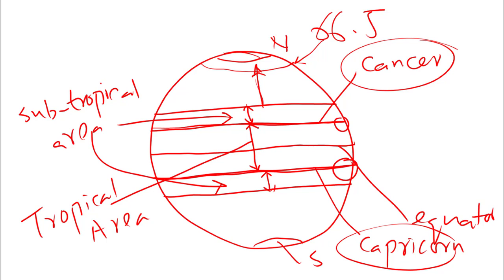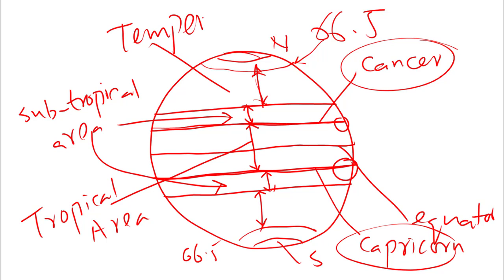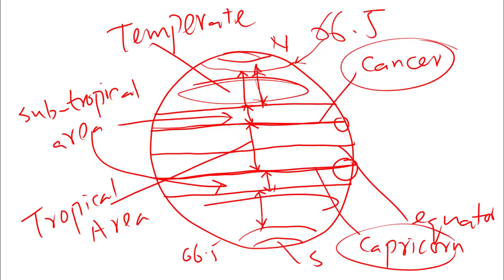You can make the calculation yourself: subtract 35 from 66.5 and you get about 31.5 degrees. So this area on either side of the boundary of the subtropical area is known as temperate. So the temperate area extends from where the subtropical area ends to the polar region. So this is all temperate, and this is the temperate zone.